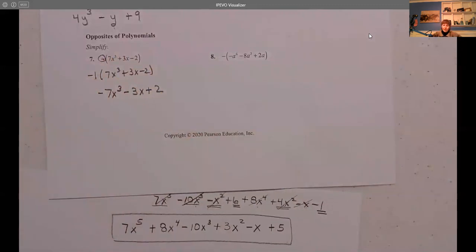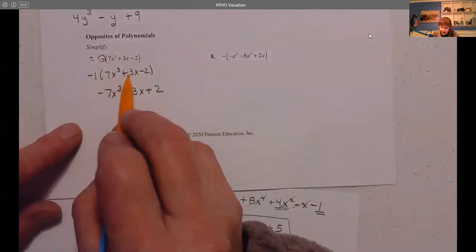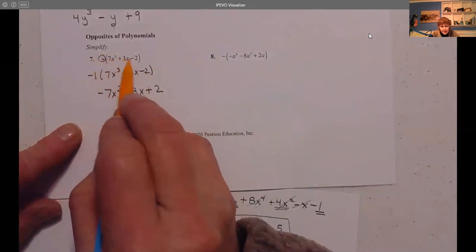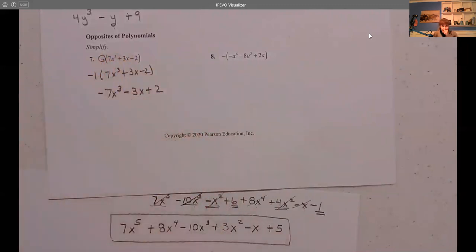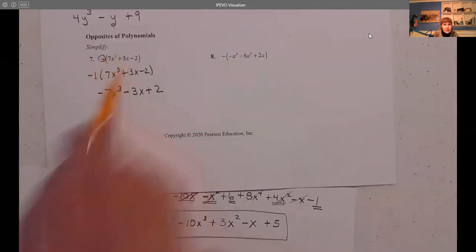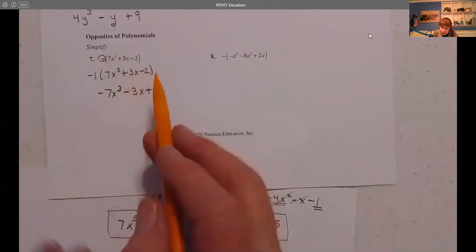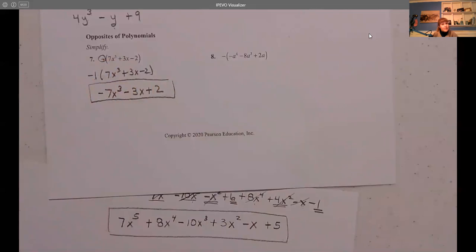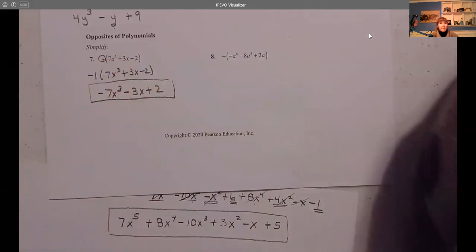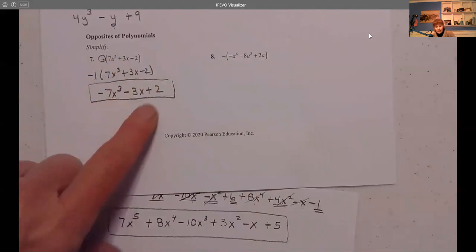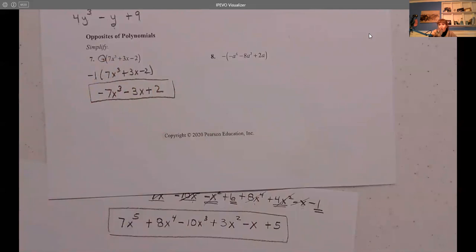So you can either think of it as multiplying by this negative or the fact that it takes the opposite of what's inside the parentheses only. This is your answer. You cannot simplify that any further because none of those are like terms. This is an x cubed. This is an x to the 1st. And this is actually an x to the 0 for that one.